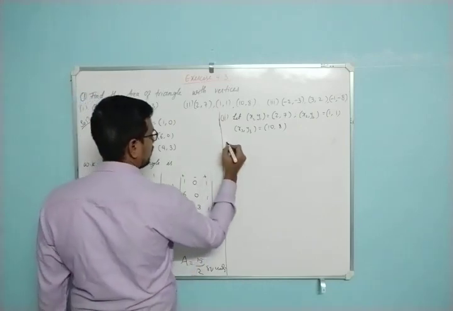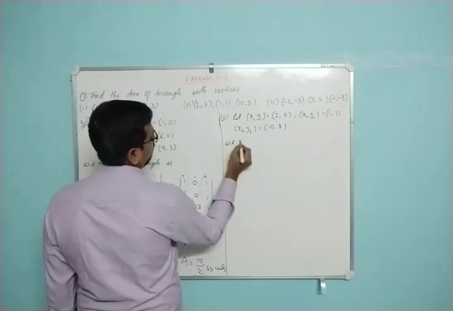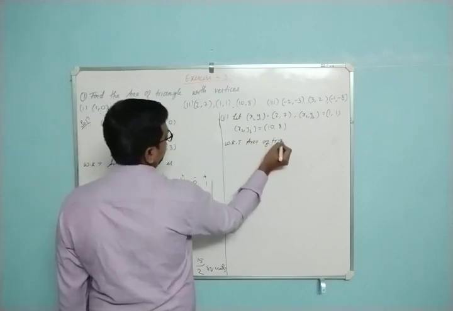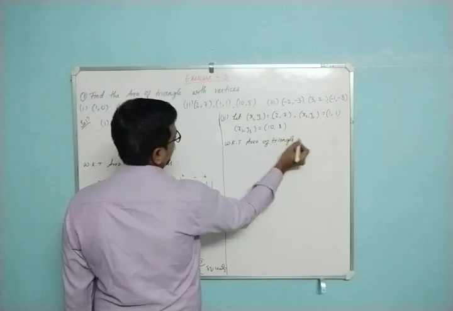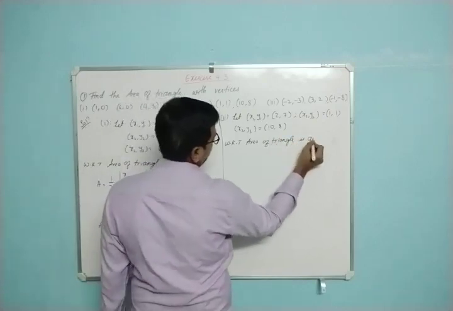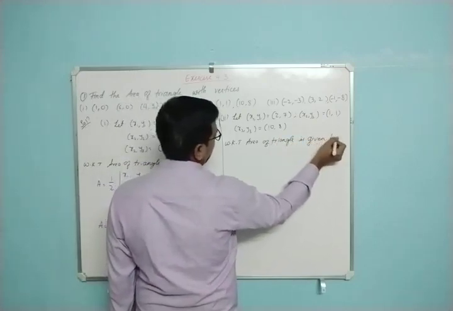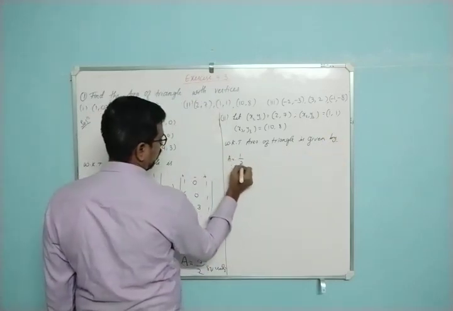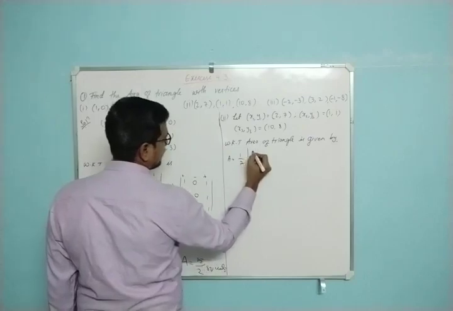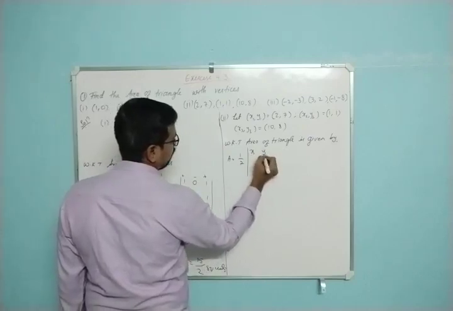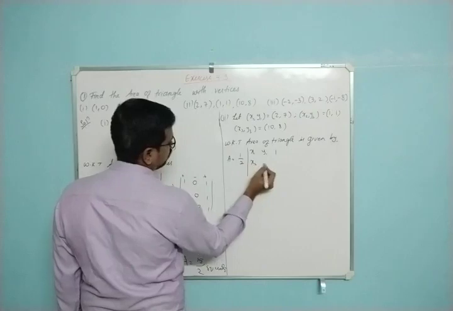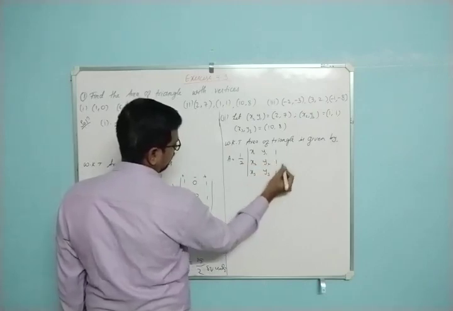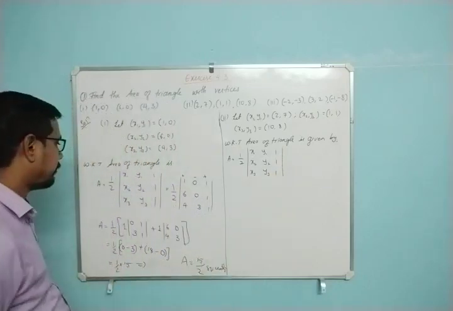Now we know that the area of the triangle is given by A is equal to half into the determinant with rows x1 y1 1, x2 y2 1, x3 y3 1. This is the formula for area.